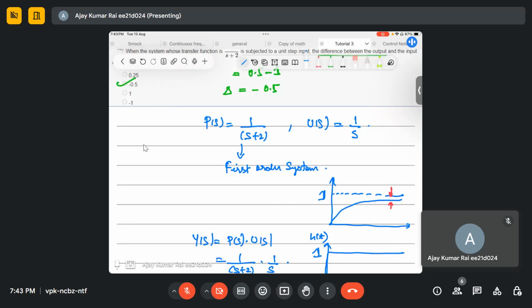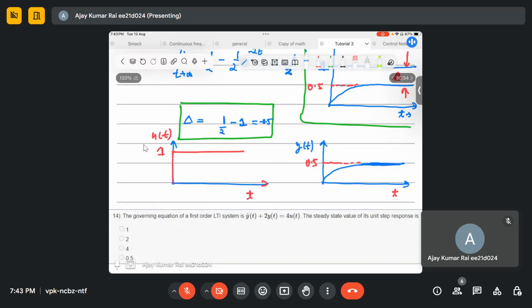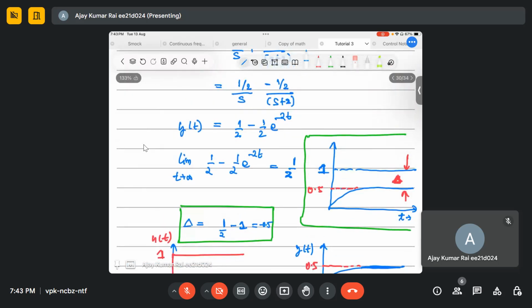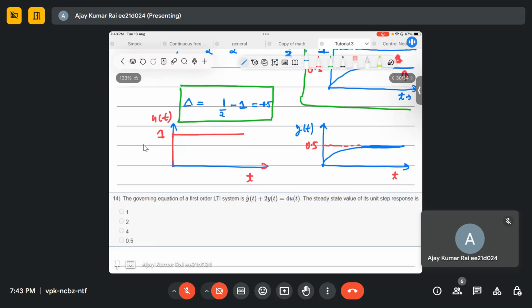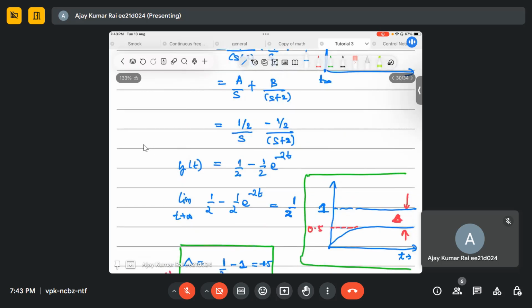From t equal to 0 to t equal to infinity, it will remain constant, equal to 1. But your output starts at t equal to 0 with value 0, and at t equal to infinity it will settle at the half value, 1 by 2. So we find the difference at that value, which comes out to be minus 0.5.